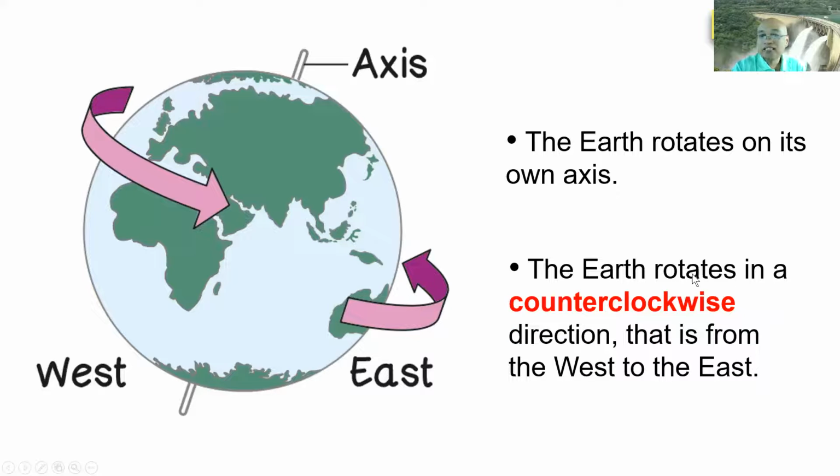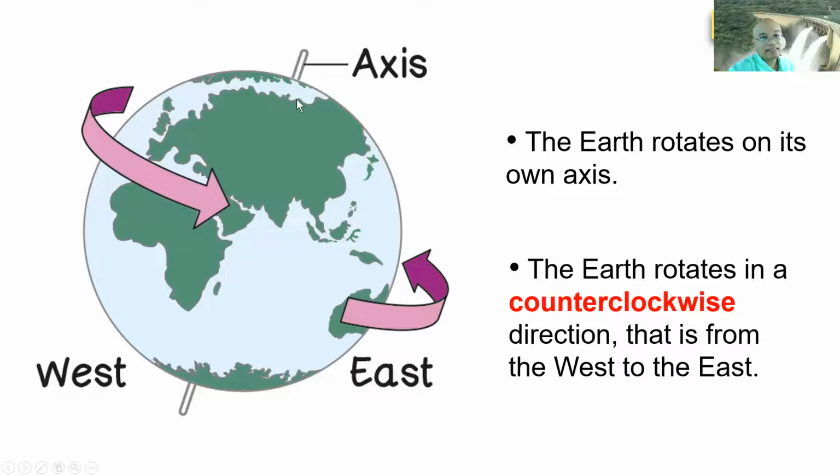The earth rotates in a counterclockwise direction. That is from the west to the east. Remember? The earth rotates counterclockwise from the west to the east. But the sun moves in the direction of clockwise from the east to the west. Remember that.